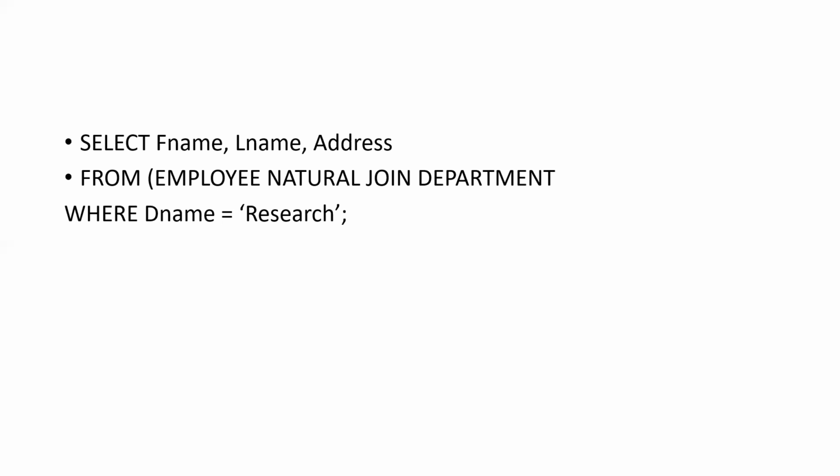Here, the department number of the employee relation is joined with the D number of the department table. So natural join is an extension of join.